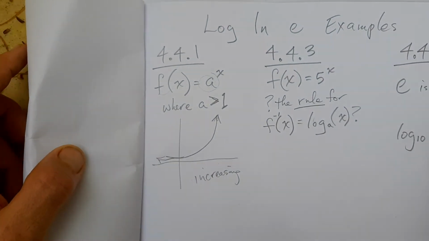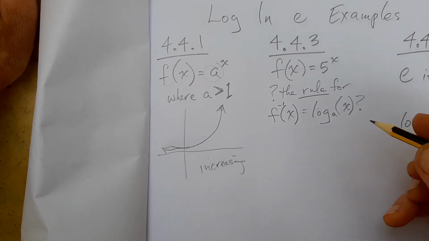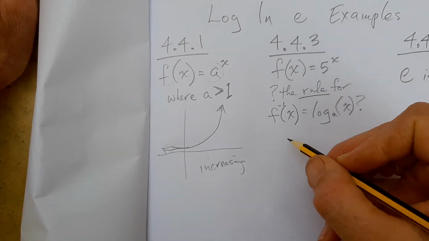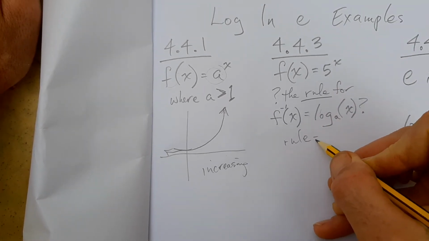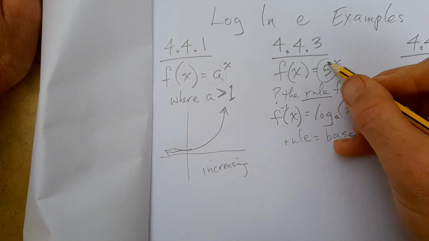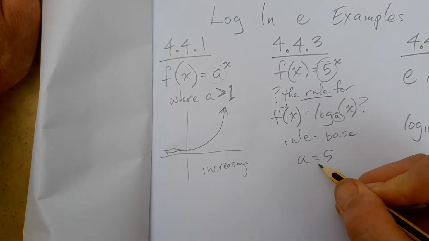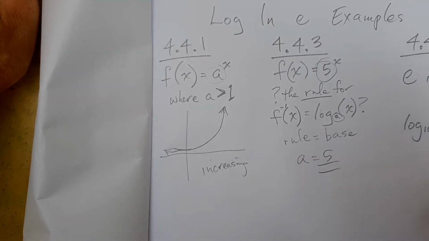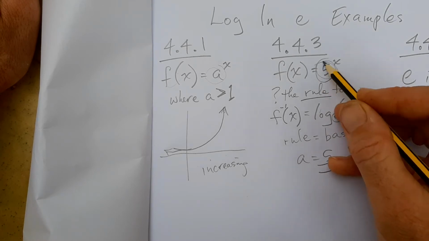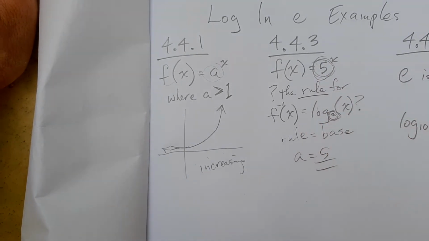All right, 4.4.3. What is the rule? The rule is the base. So what's my base here? 5. A equals 5. Okay, so whatever the base is, that's your base right there. A is 5 when you rewrite it.